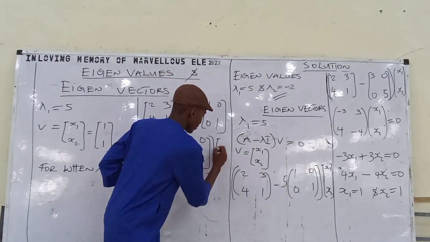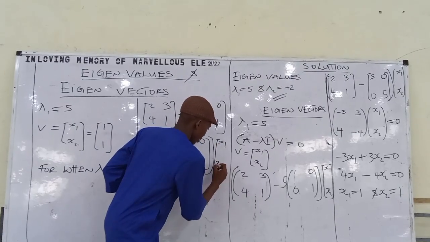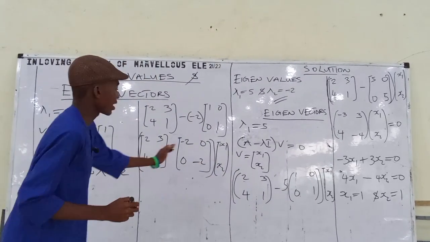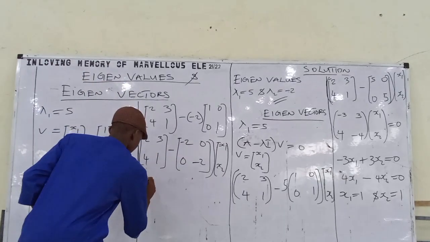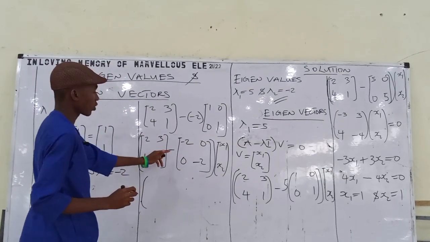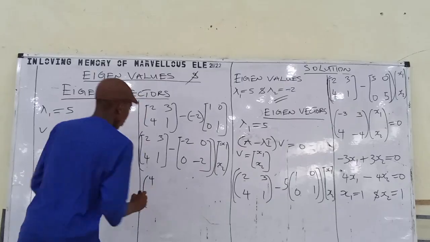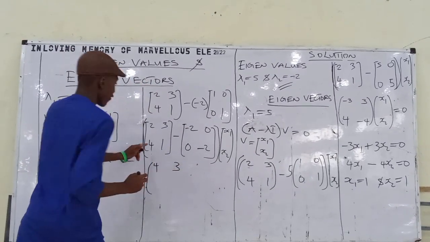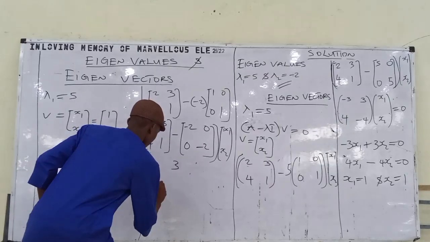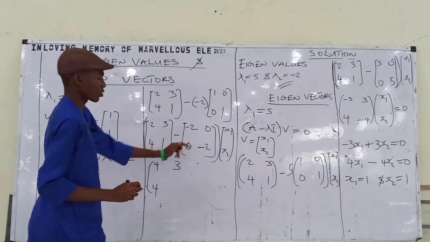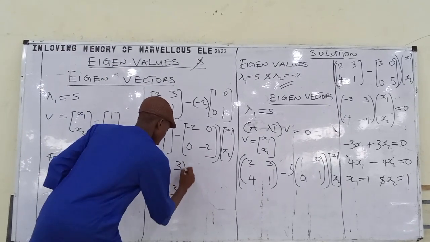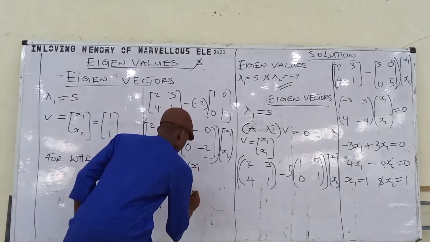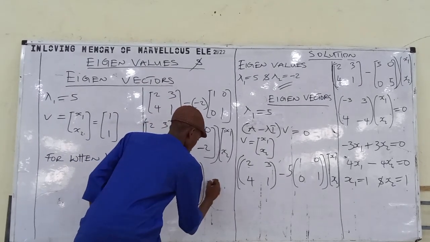And what is our v? x1, x2. Let's subtract these two together. If we subtract, we have 2 minus minus 2, 4; 3 minus 0, 3; 4 minus 0, 4; 1 minus minus 2, 3, times x1, x2 equals 0.